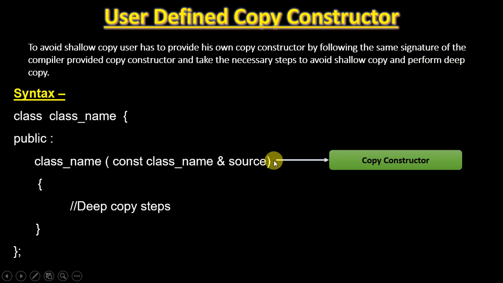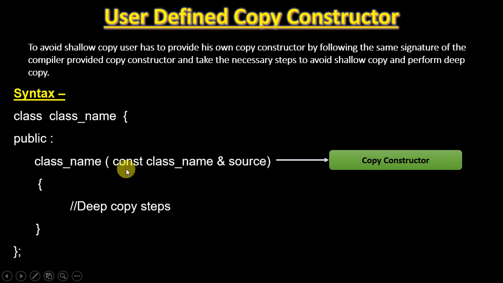Whatever this is the syntax of the compiler provided copy constructor, if you are writing your own copy constructor, then you have to follow the same syntax. Only then will the compiler provided copy constructor be hidden and your copy constructor be called. Otherwise it will try to call the compiler provided copy constructor, and it will treat yours as a different constructor. If you modify the syntax, it will be treated as a different constructor, not the copy constructor.